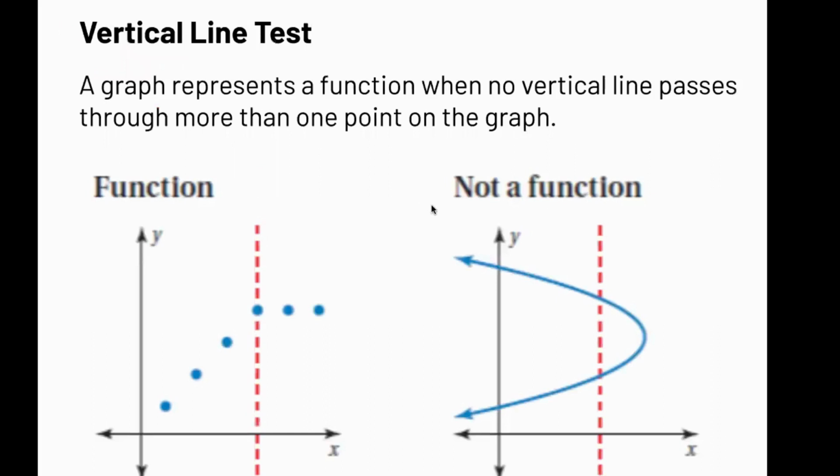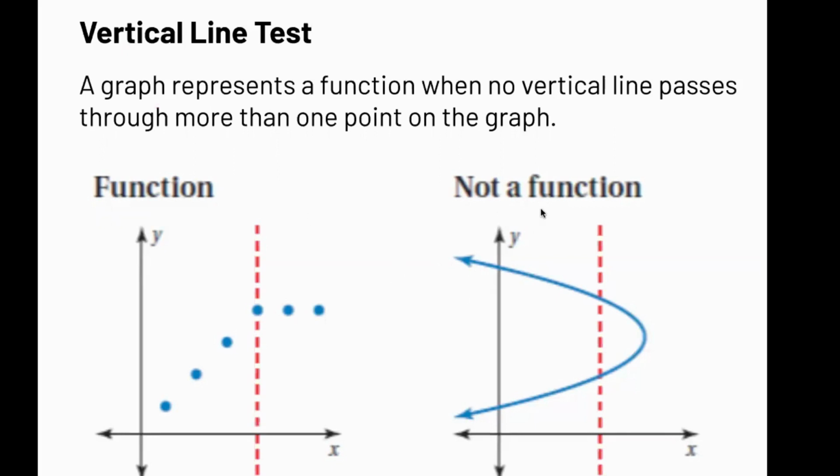Now for this next portion of our lesson, we're going to be using a vertical line test to determine whether a graph represents a function. So a graph represents a function when no vertical line passes through more than one point on the graph.